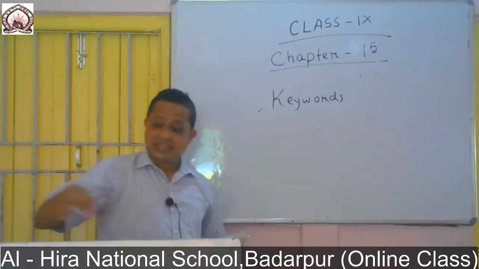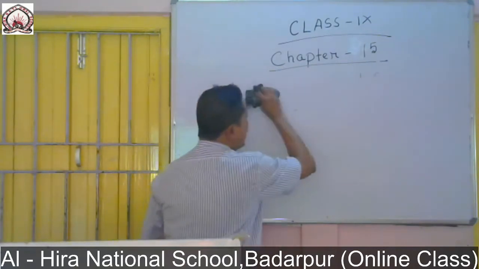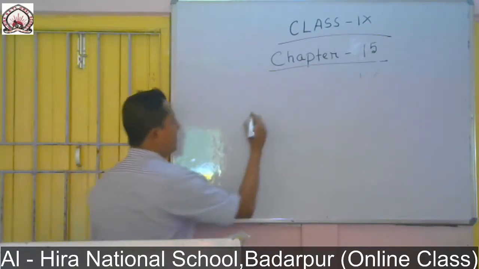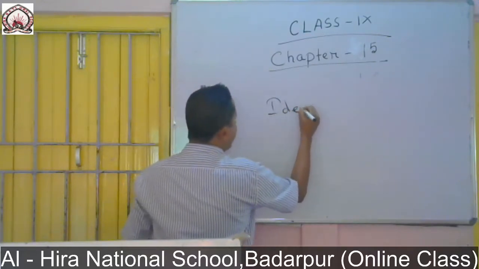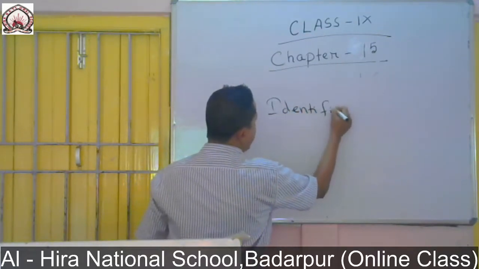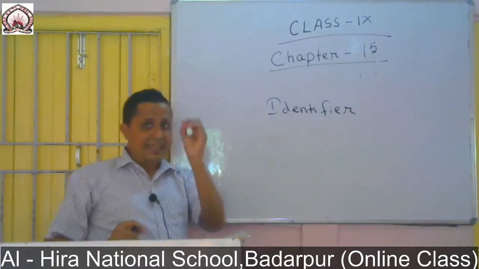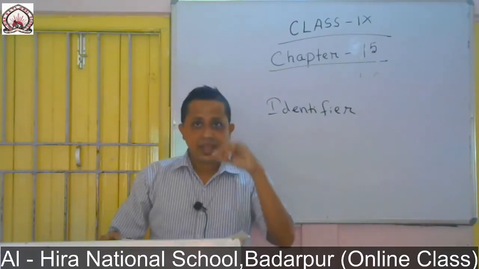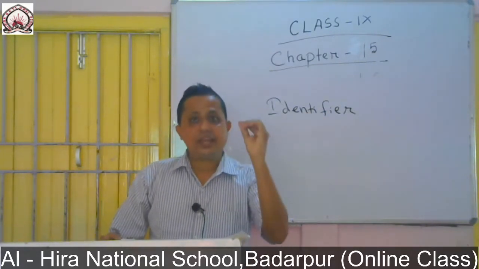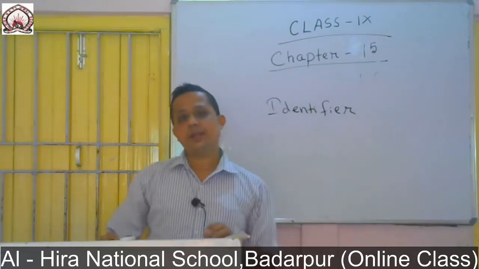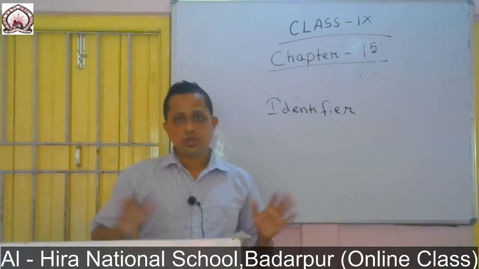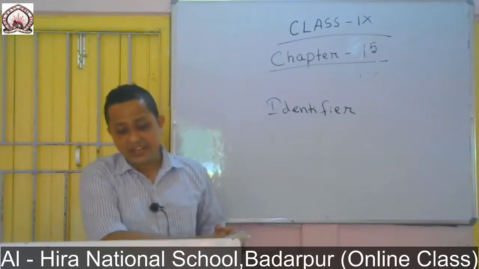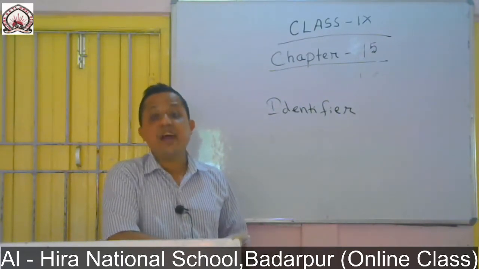Now next is identifier. What is an identifier? An identifier is a token which can uniquely identify a value. Identifiers are C tokens defined by a program.